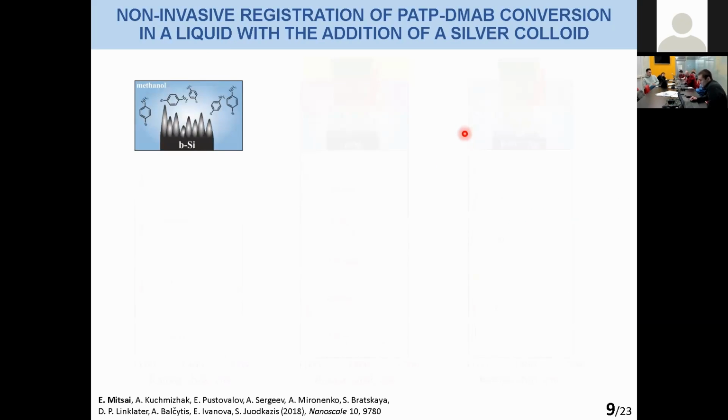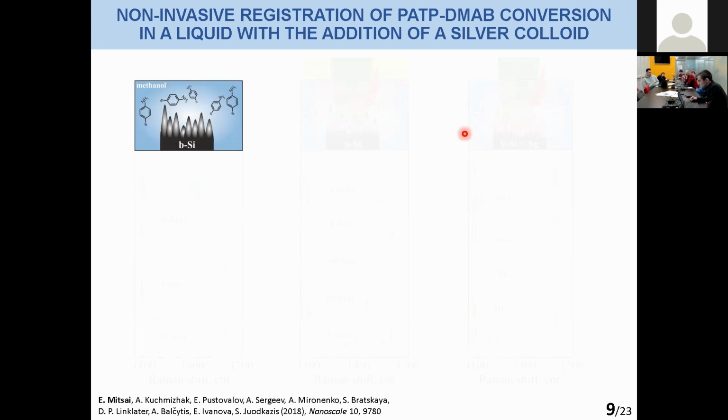From the standpoint of sensor implementation, it is also important to measure the rate of chemical reactions occurring in liquids. So a chemically inert substrate also provides local field amplification without disturbing the SERS spectra.